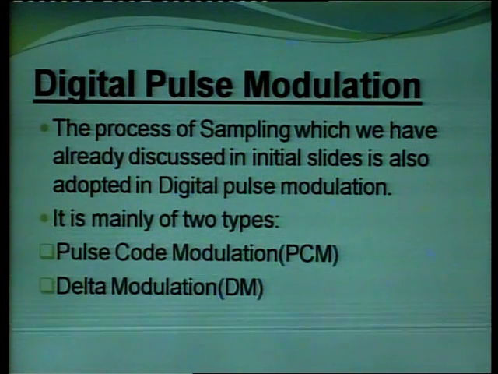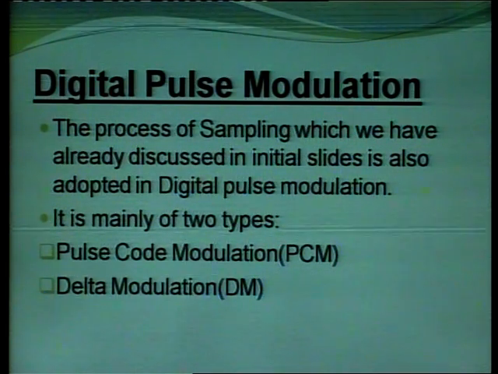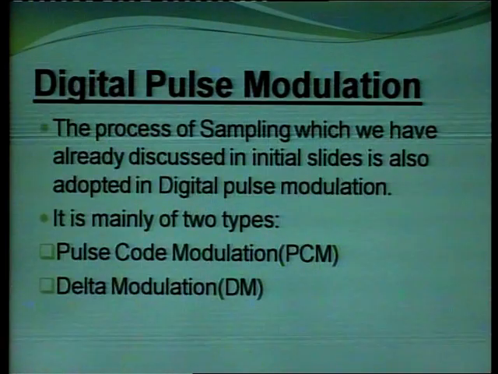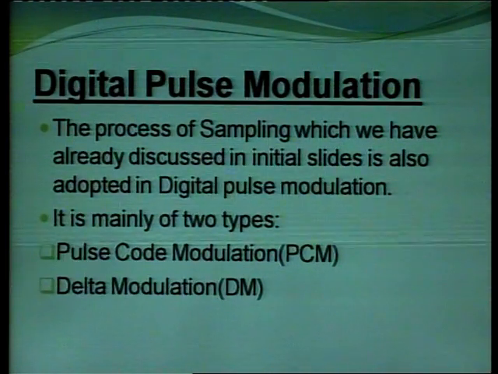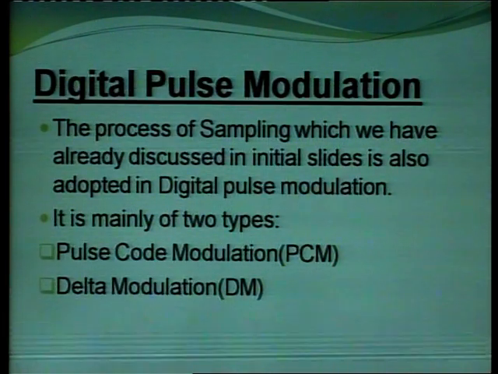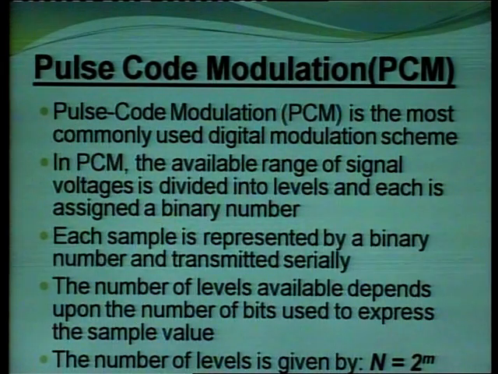Digital pulse modulation techniques are of two types, that is pulse code modulation, PCM, and delta modulation, that is DM. PCM, pulse code modulation. PCM is the most commonly used digital modulation scheme.